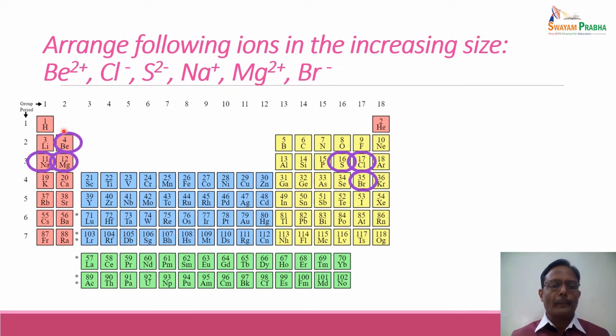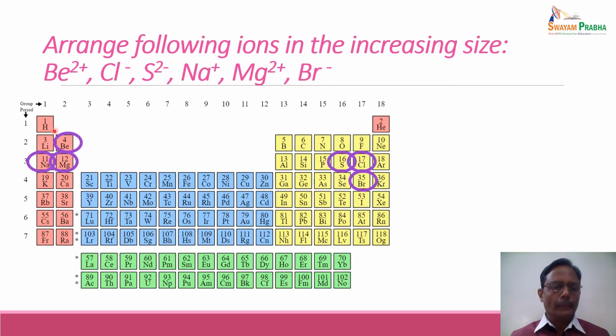So we will first compare these three among themselves and these three among themselves based on the property that from left to right the atomic radius gradually decreases, whereas from top to bottom down the group the atomic radius increases due to addition of extra shells.